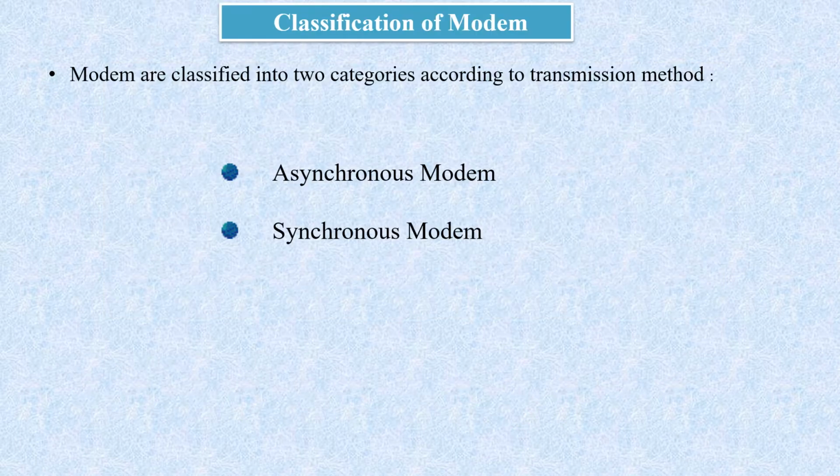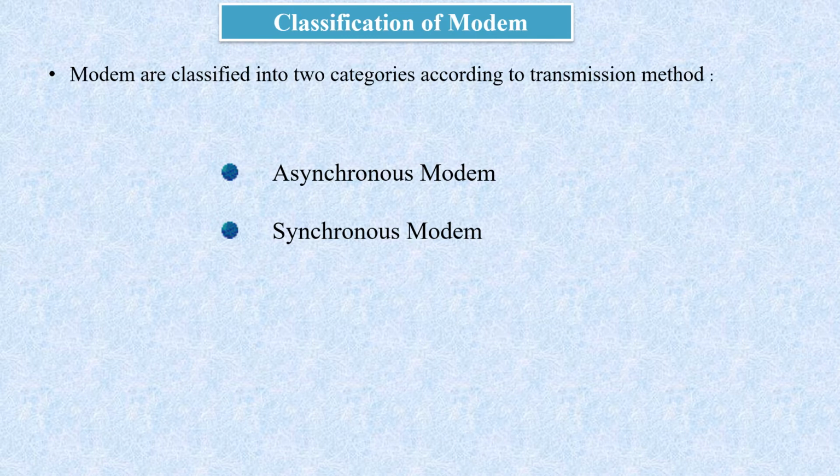Classification of modem. Modems can be of several types and they can be categorized in a number of ways. First, the directional capacity, that is half duplex modem and full duplex modem. Second, the connection to the line. There are two types, two-wire modem and four-wire modem.